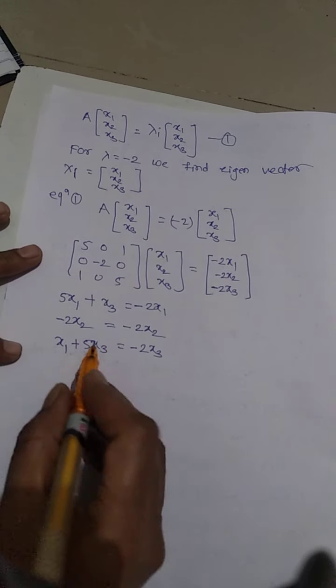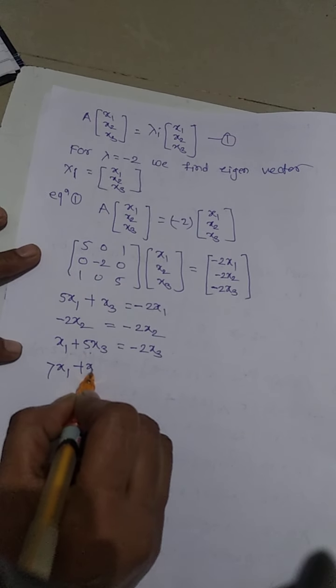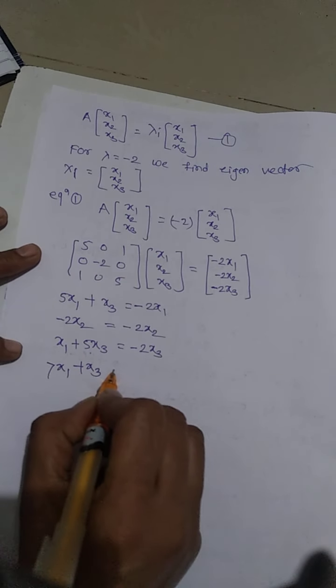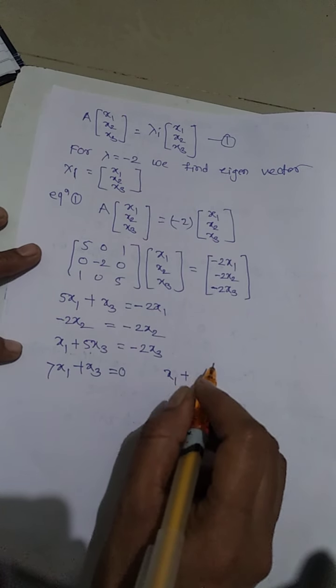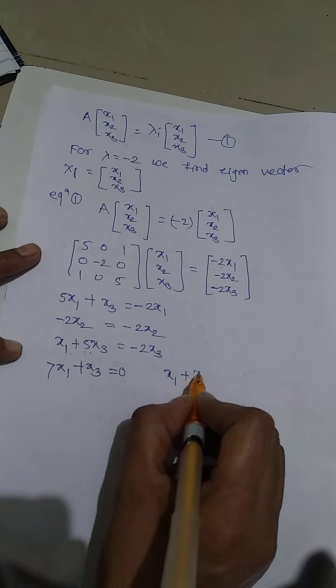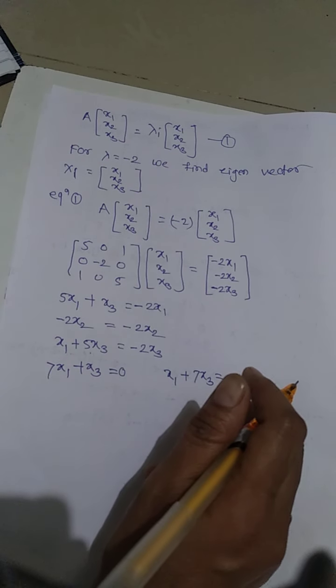Then 7x1 plus x3 is equal to 0, and x1 plus 7x3 is equal to 0.